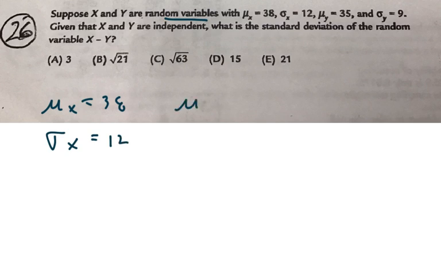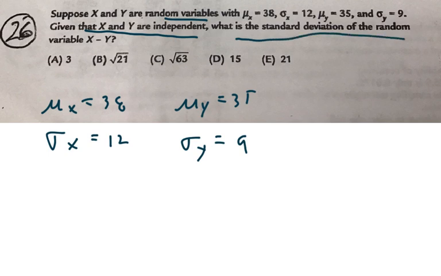The other one averages 35 with a standard deviation of 9. And we're trying to compare them. We're told they're independent, means they're separate samples. One's not affecting the other. What is the standard deviation of the random variable x minus y?